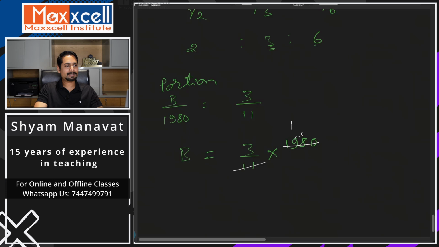You have 8 here, so 11 8s are 88, and then we got 0. So B will be equal to 3 into 180, which is 540. That's your answer. I hope your answer is matching with my answer, right?